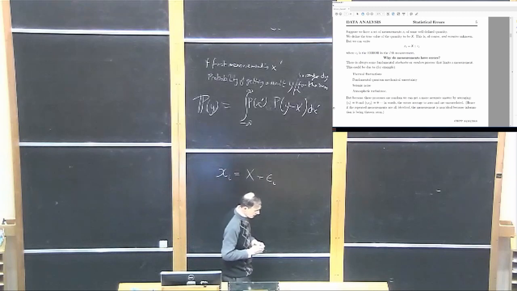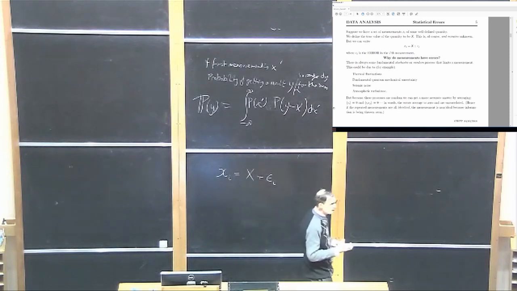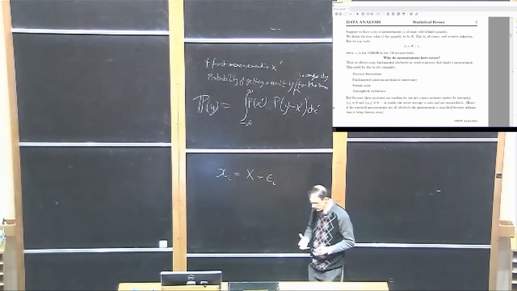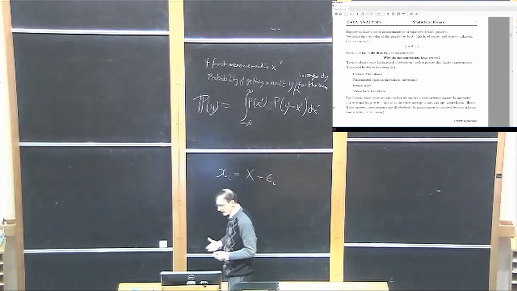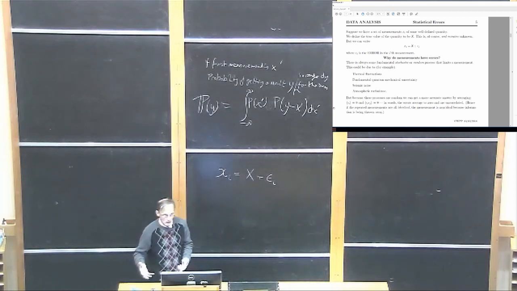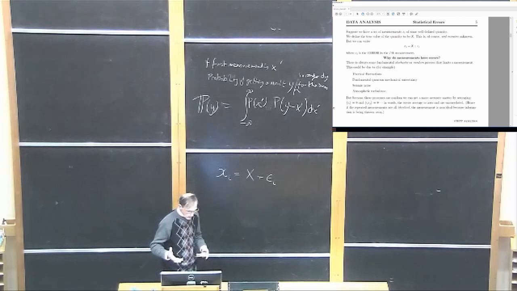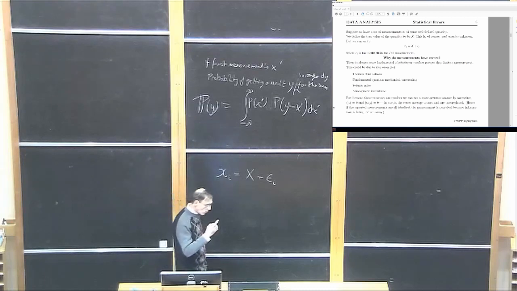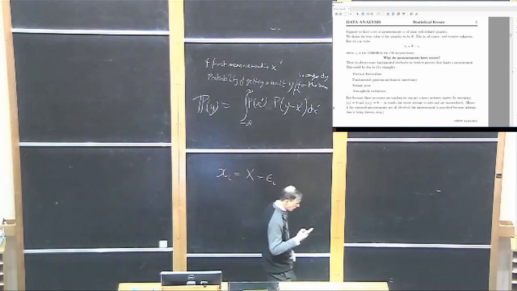First of all, I have to try to convince you that it's even the case at all, because in my weighing example, if I weigh this thing several times on the same scale, I'll get the same answer actually. Let's think about how weighing scales are actually constructed.